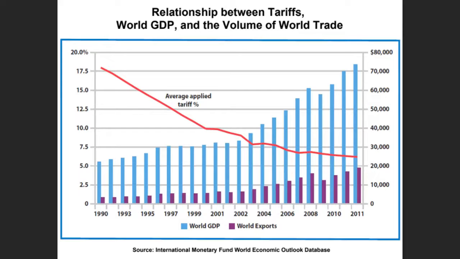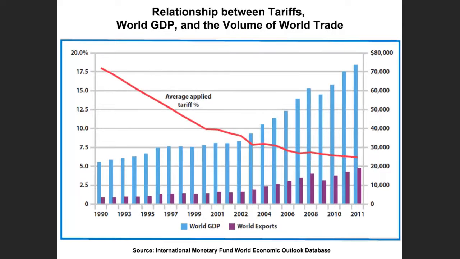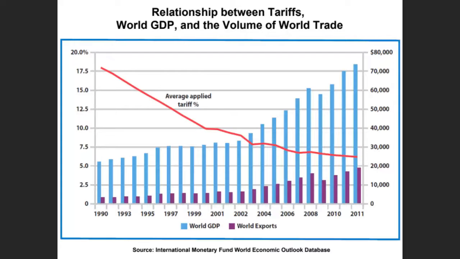The horizontal axis represents different years. The blue bar represents world GDP, and the purple bar represents world export. And the red line represents tariffs. As you can see, average tariffs have been declining over time. But simultaneously, the world GDP, especially the world export or world trade, has flourished. So what is the implication of this pattern?